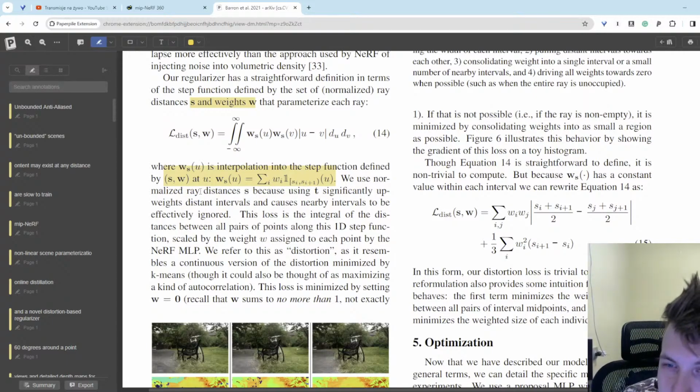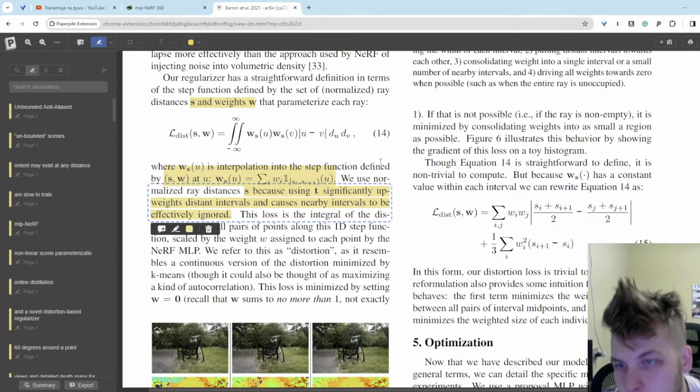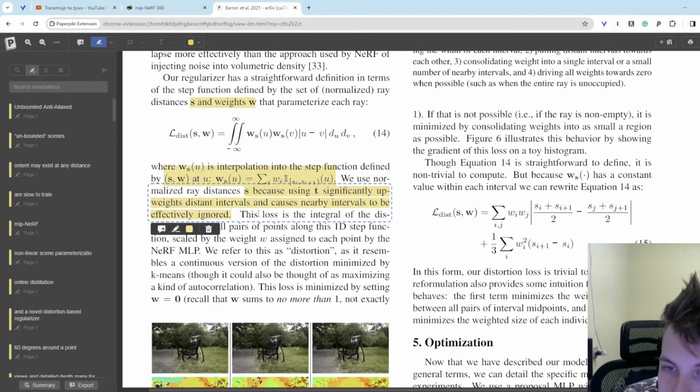We use normalized ray distances S because using t significantly upweights distant intervals and causes nearby intervals to be effectively ignored. Yeah, so S is uniform in our parametrization, and t would be growing all the time if we just have some background point. So we want uniform distances. So that's better.